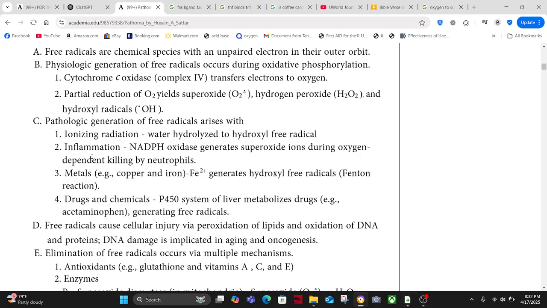So free radicals cause injury to the cell by damaging the lipids of the cell membrane and by damaging the DNA in the cell. Free radicals also damage the proteins in the cell. And this is what happens when we age and also in cancer formation.